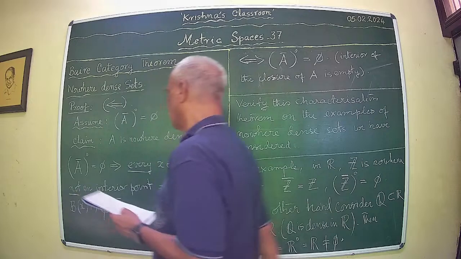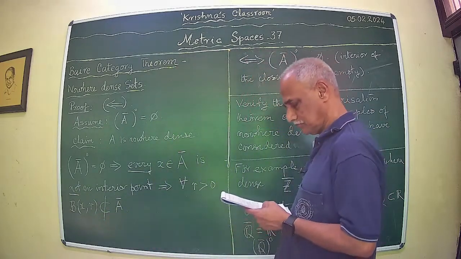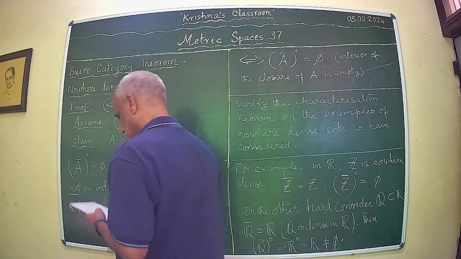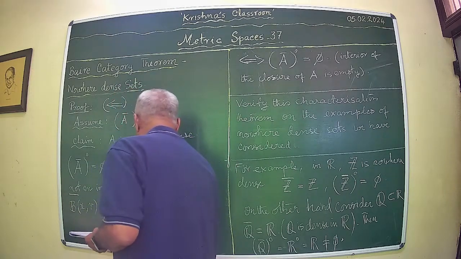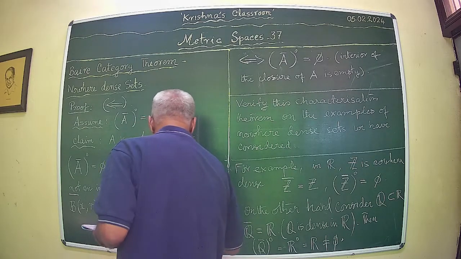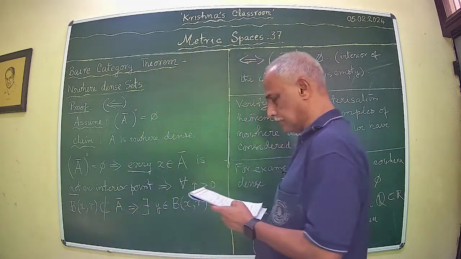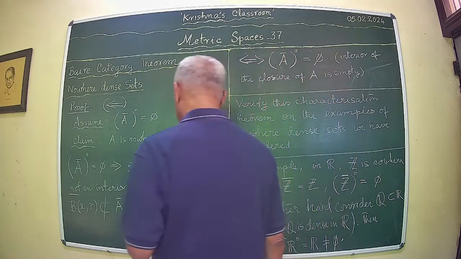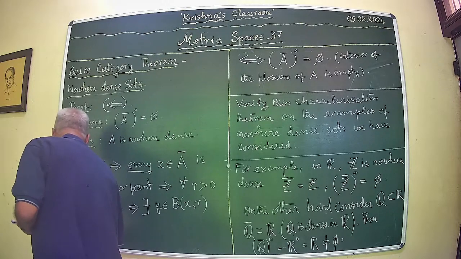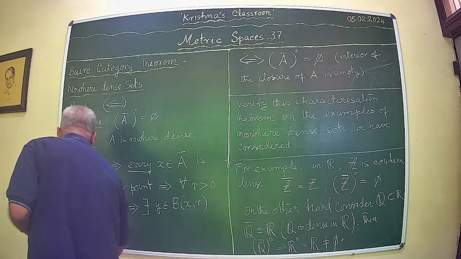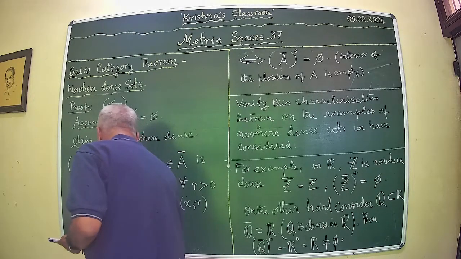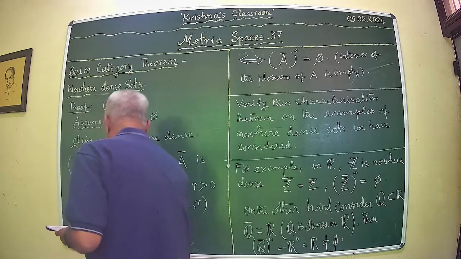Not contained. Okay, and what does that mean? That implies there exists y belonging to the ball, for any r there is a corresponding y, such that y does not belong to the closure of A.